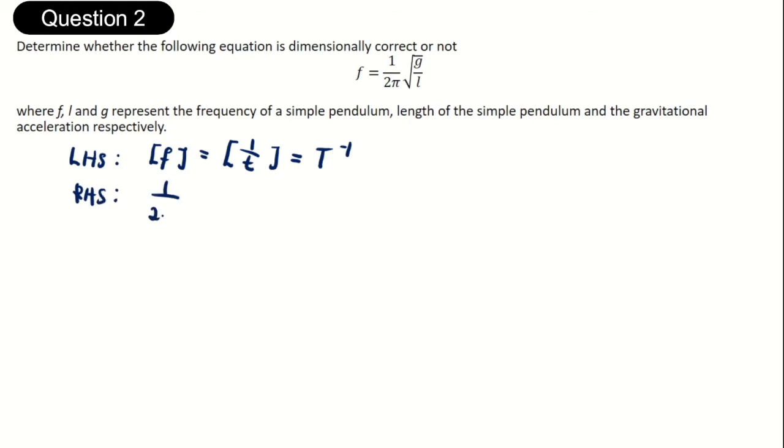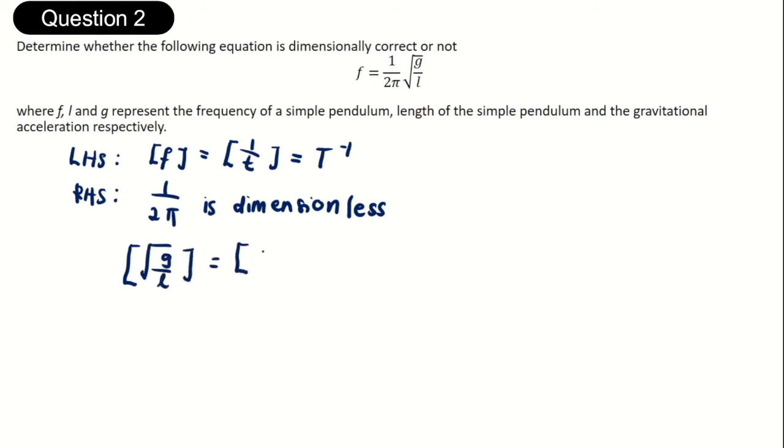For the right hand side, 1 over 2 pi is dimensionless. So we only have the dimension of the square root of g over r, or I express it as the dimension of gravitational acceleration to the power of positive 1 over 2, times the dimension of length to the power of negative 1 over 2.